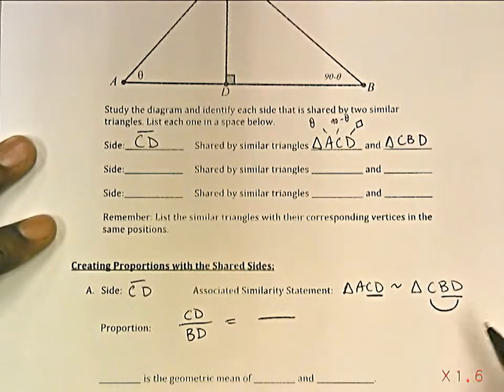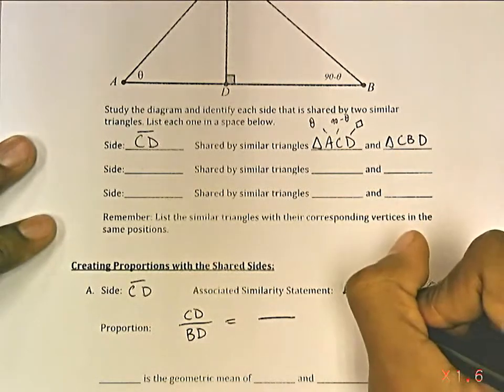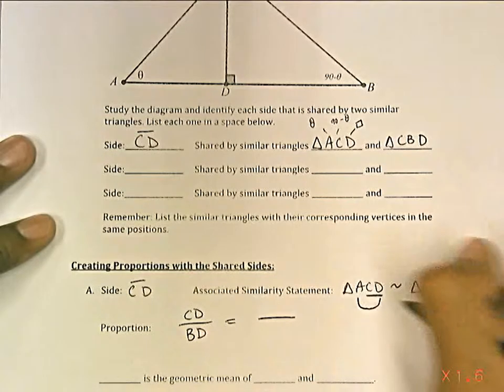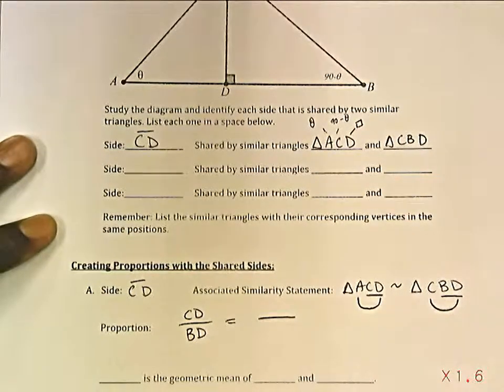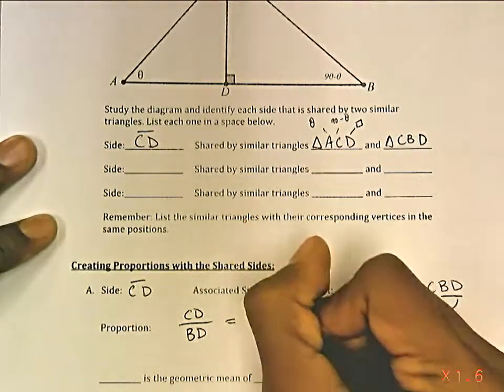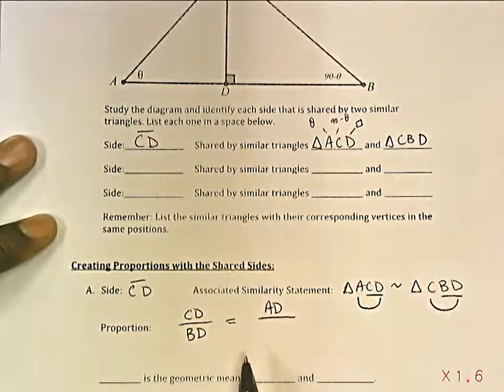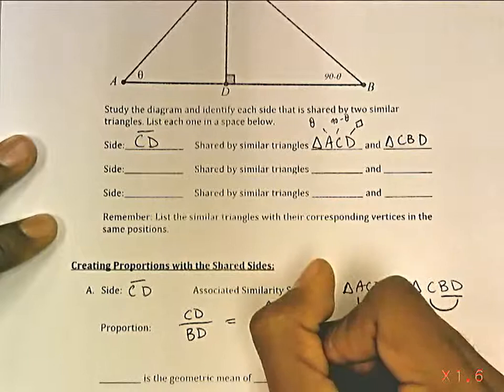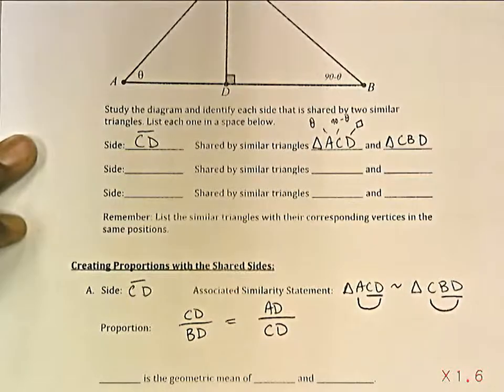To do the corresponding thing in the first triangle, I'd also have to go from the first position to the third position. In that way, I can see that the length of segment AD in the first triangle corresponds to CD in the second triangle.